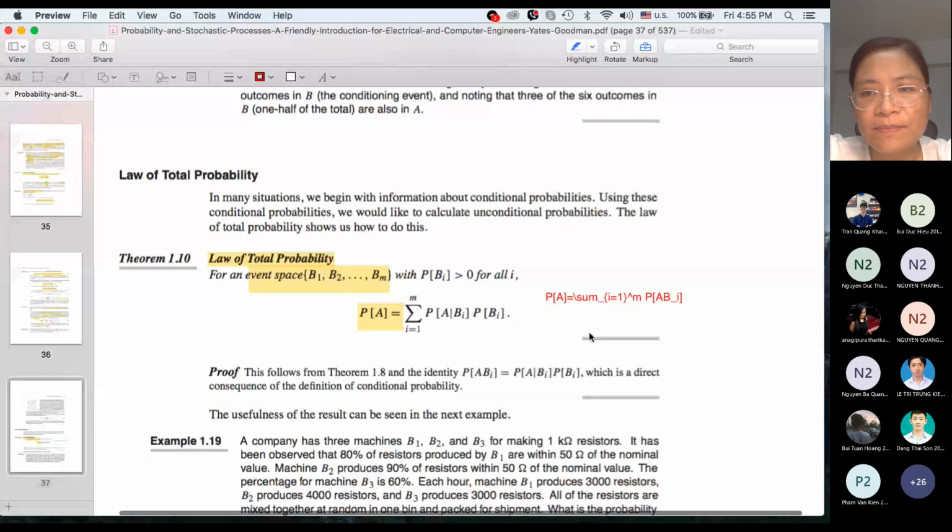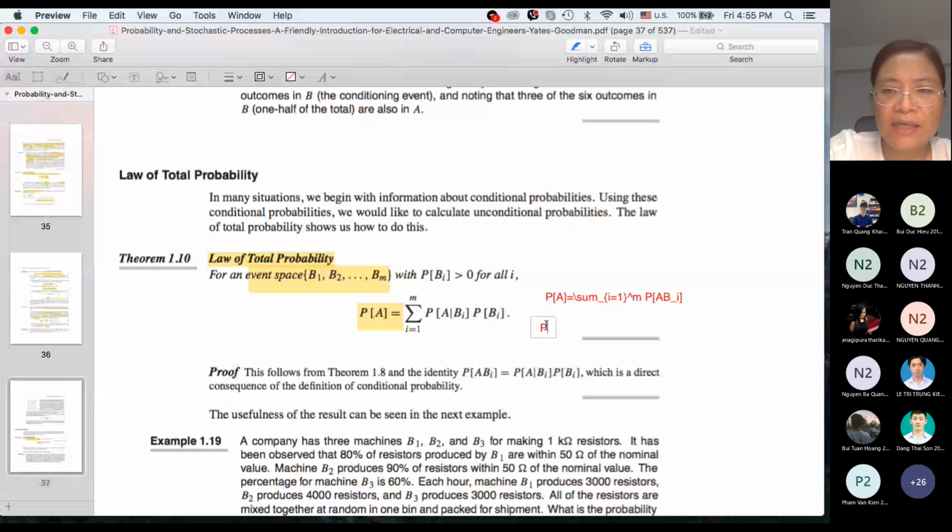Now we use the definition of probability of A given Bi. Definition: A given Bi equals probability of A and Bi over probability of Bi. Here is the definition of conditional probability.